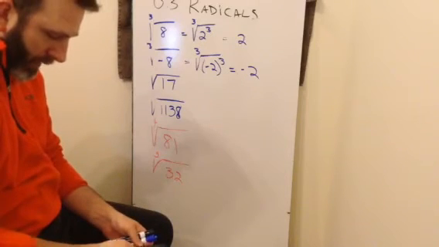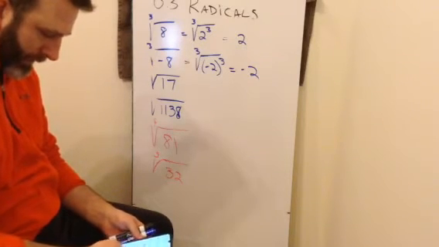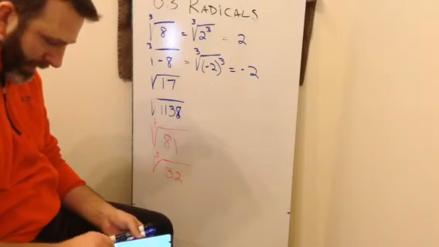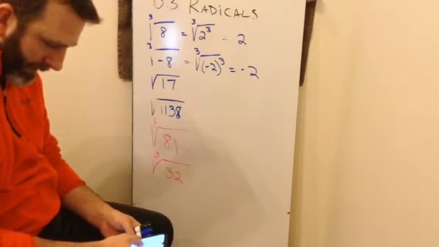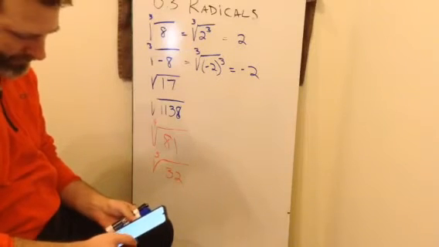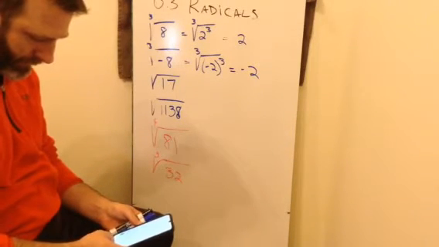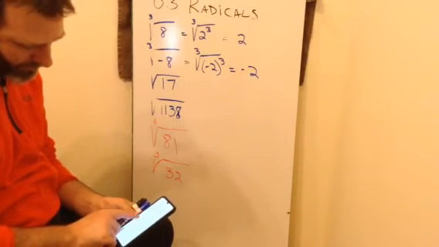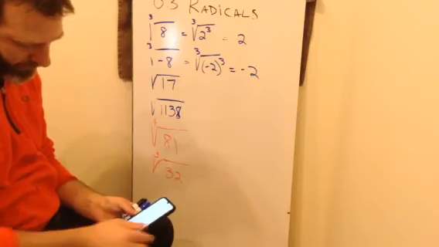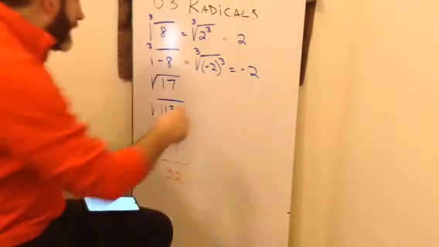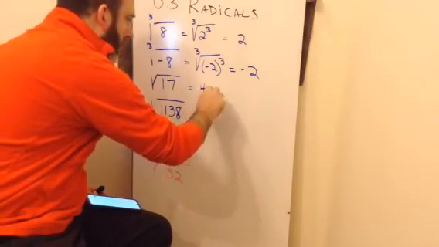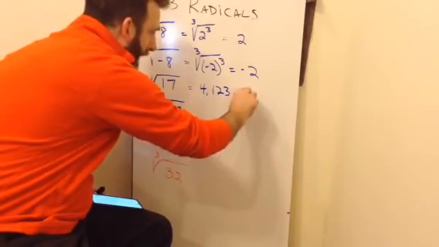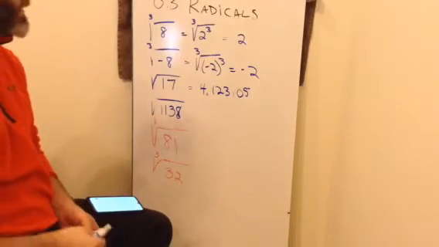So if we come in here and select the calculator, I want the square root of 17. So I get 4.123105, continuing.